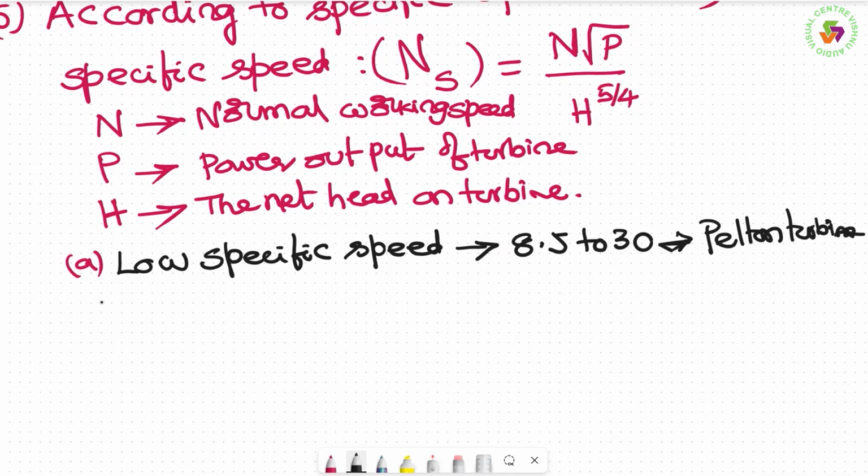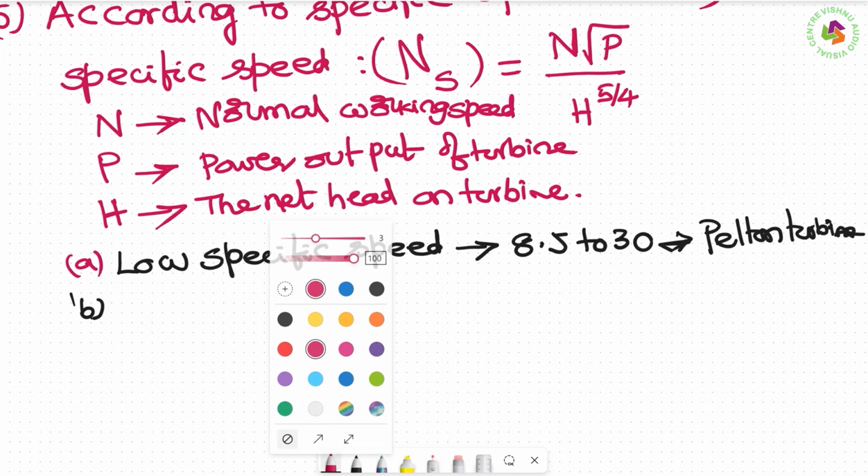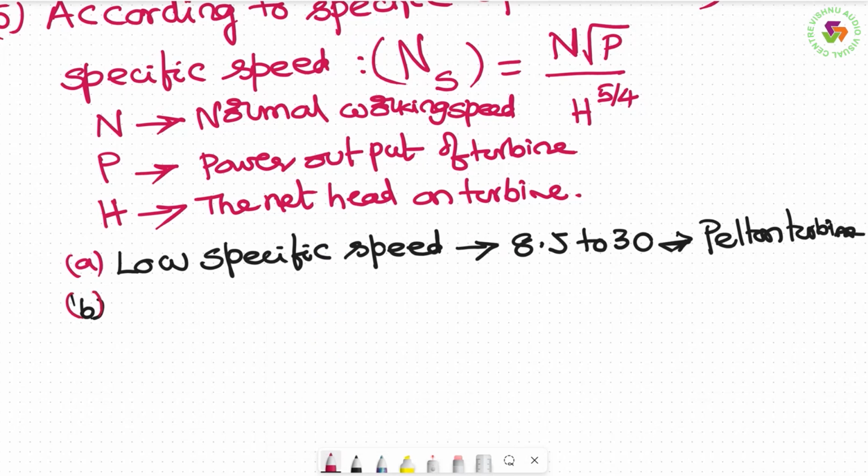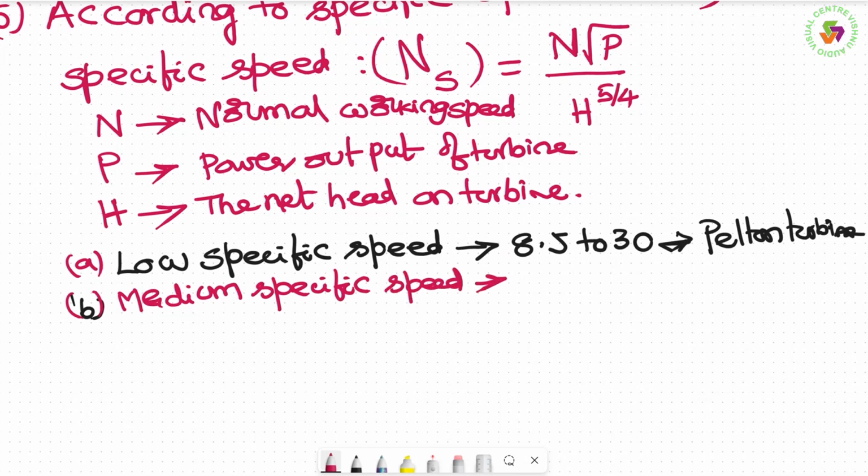Then if I go into B, medium specific speed. Medium specific speed means around 50 to 340. This is Francis turbine.